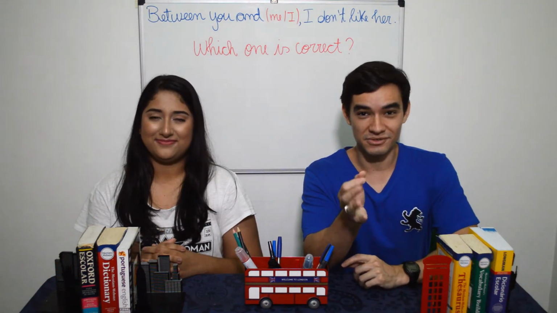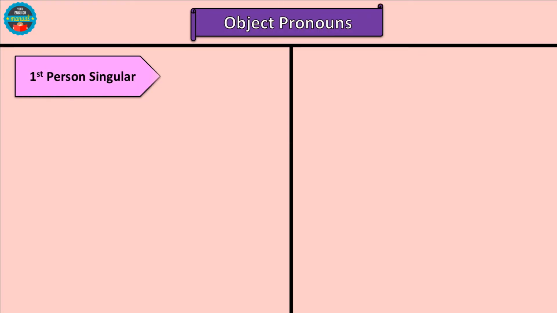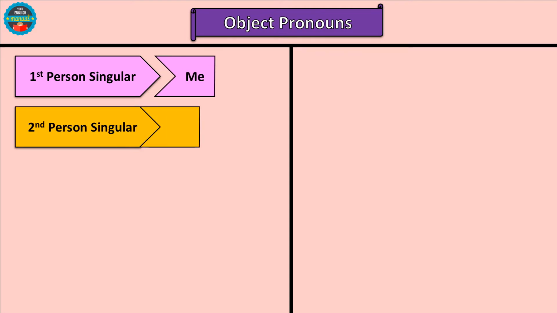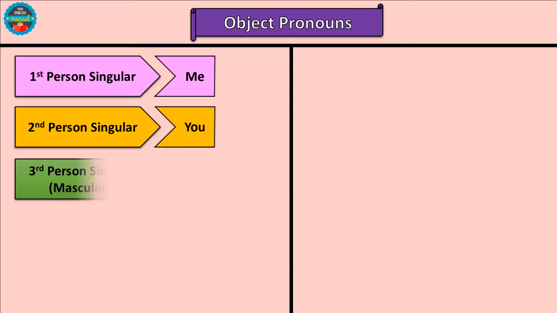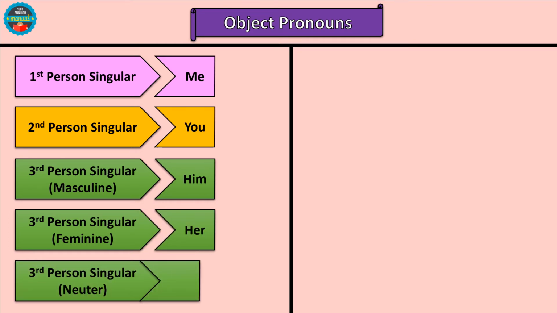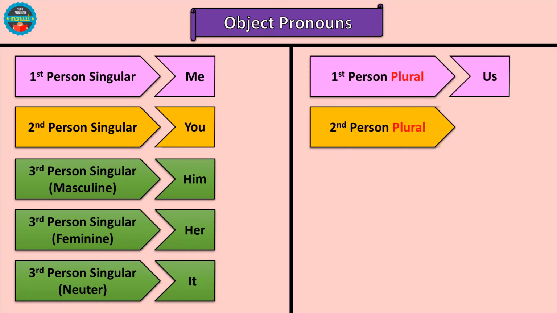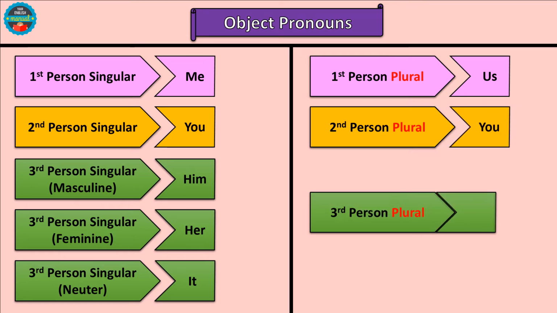The object pronouns are, in order, first person singular, me, second person singular, you, third person singular masculine, him, third person singular feminine, her, third person singular neuter, it, first person plural, us, second person plural, you, third person plural, them.